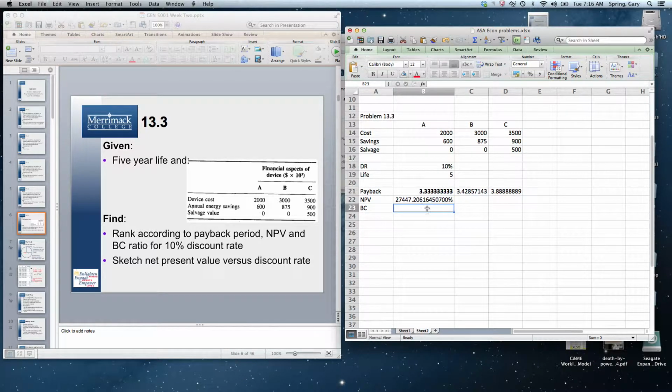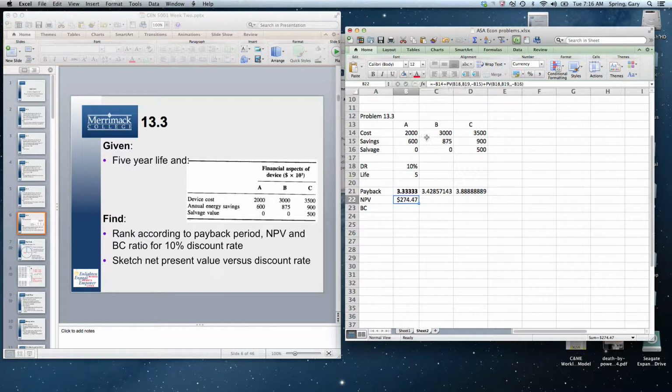And I think that'll do it. Oh, I know, that's because it's in percent. Hold on, there we go. All right. So I'm going to just copy this, that way I can just copy this formula. All right, so I have the net present value. The highest one is for B.